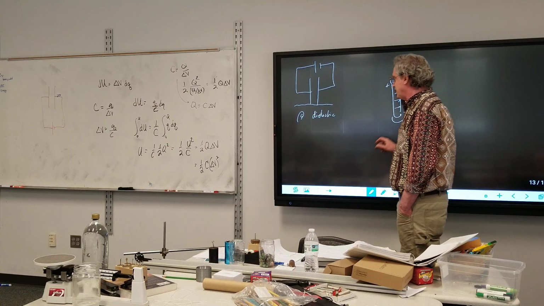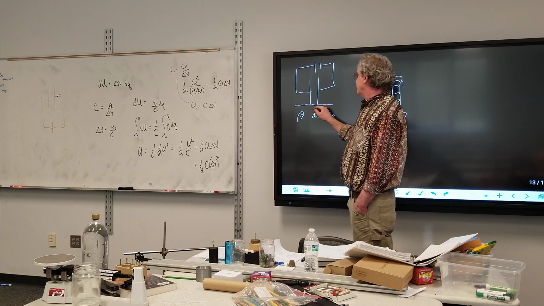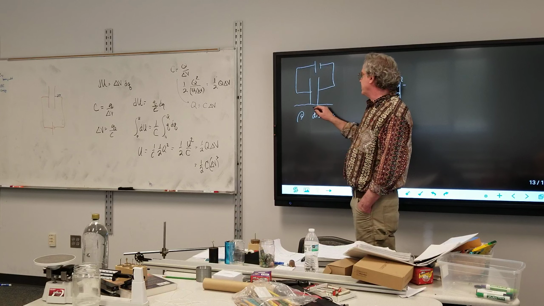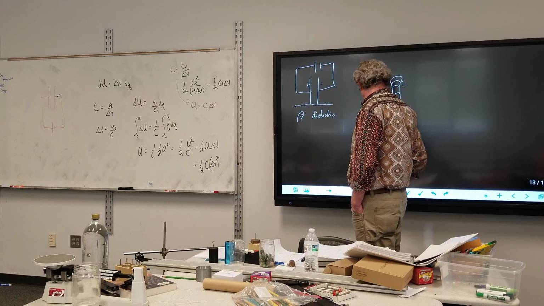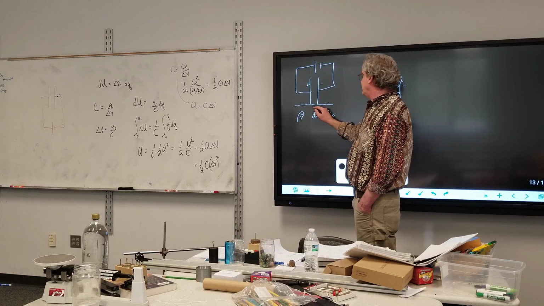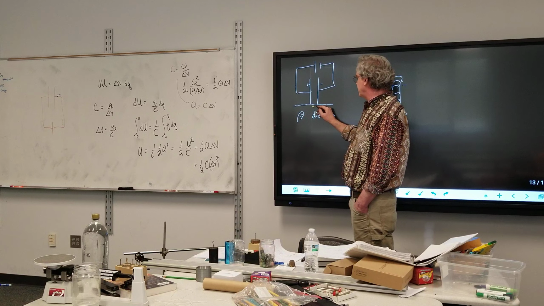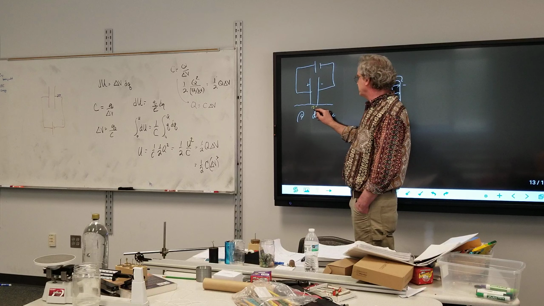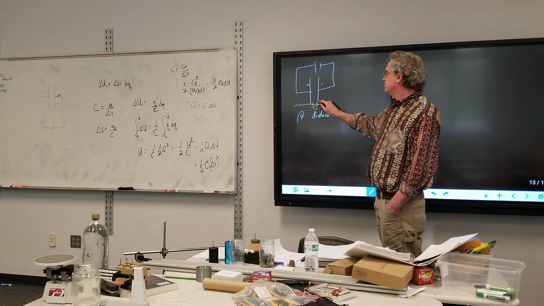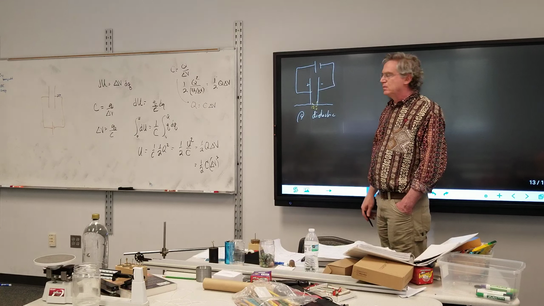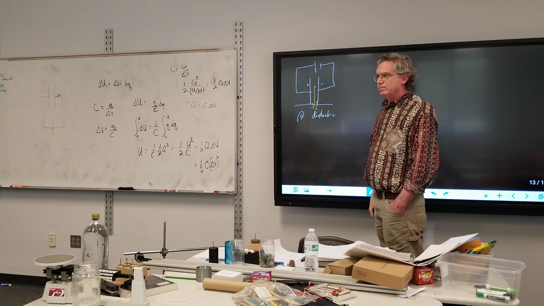Not enough that we're going to take that too much into account, just enough to justify the fact that this dielectric will be affected by the electric field. In the liquid, it's going to polarize the molecules. So I get negative, positive, negative, positive, and it will start to attract to the sides. In other words, this liquid will start to rise between the plates.